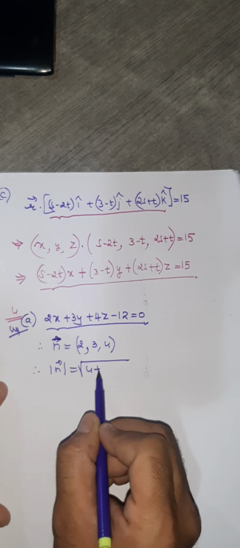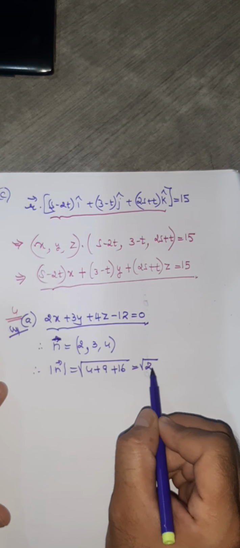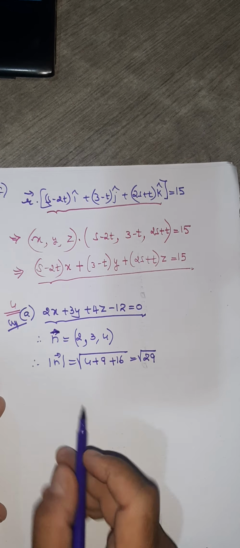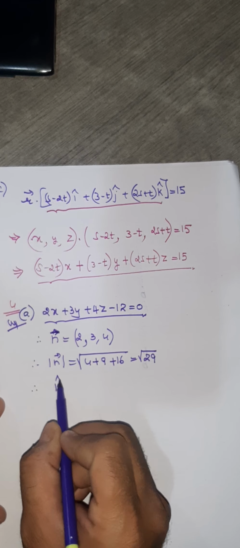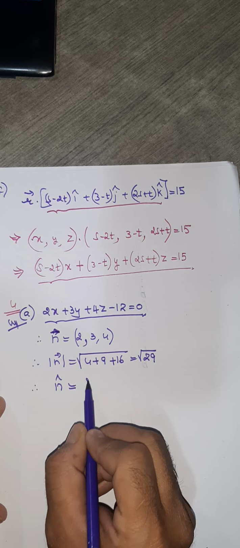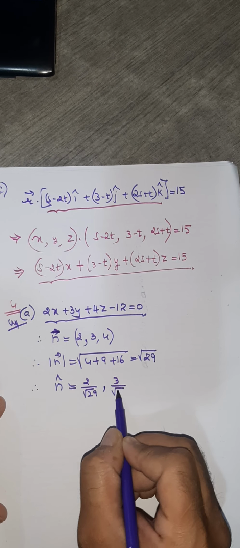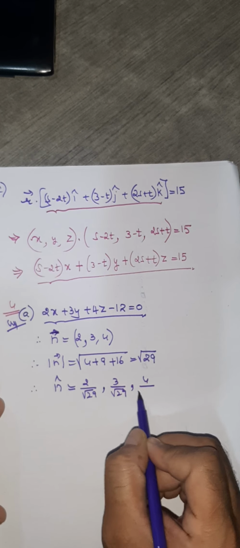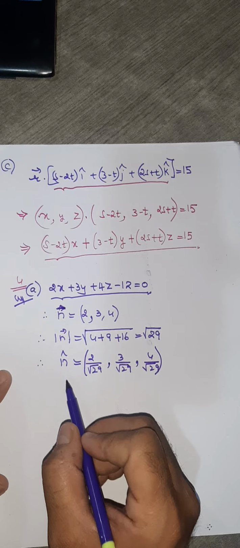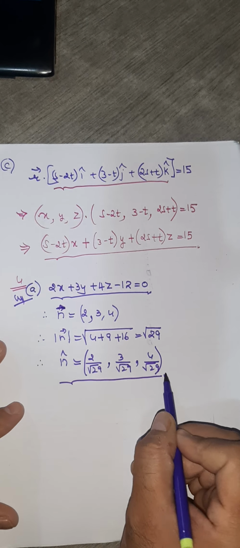That is 4 plus 9 plus 16, that's nothing but root 29. Okay, so therefore n cap, what is n cap? Which is nothing but 2 by root 29, comma 3 by root 29, comma 4 by root 29. This is n cap, the vector upon its magnitude.